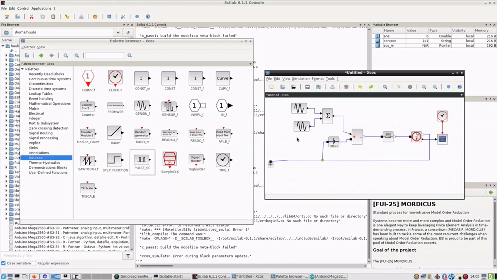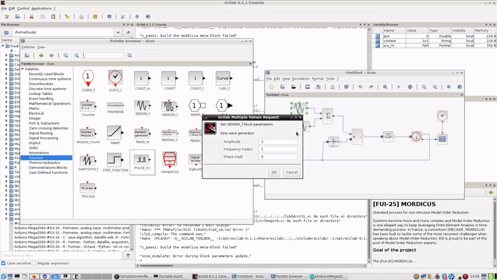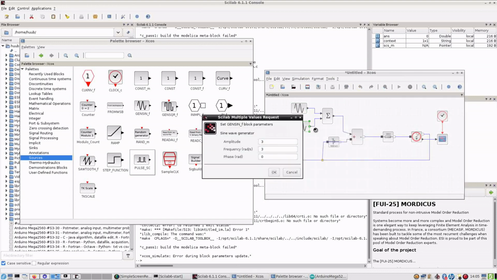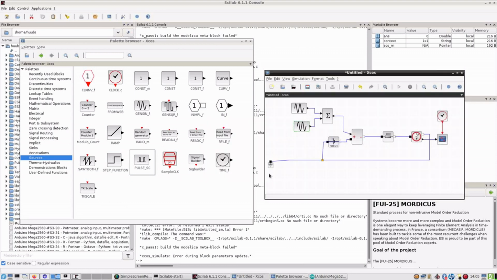I tried another solution. I replaced this block, which was here, obviously with a summation, and two sine waves, one of which is now set to be one amplitude, one frequency, and the other being both 3. Will this be helping?